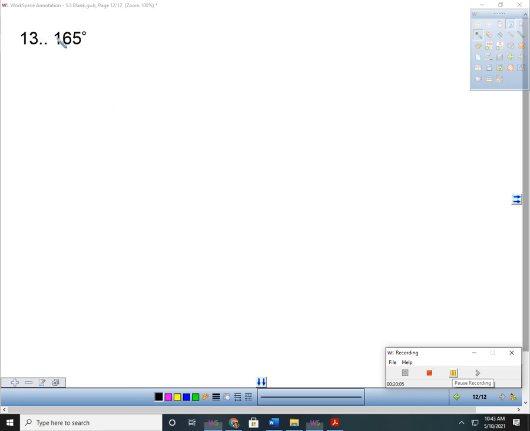So on number 13, we're actually going to do the sine, cosine, and tangent of 165. First things first, I'm going to decide where 165 is located. That is in quadrant 2. So in quadrant 2, sine is positive, cosine is negative, and tangent, it doesn't matter what tangent is.